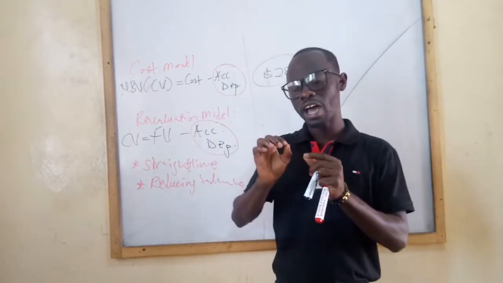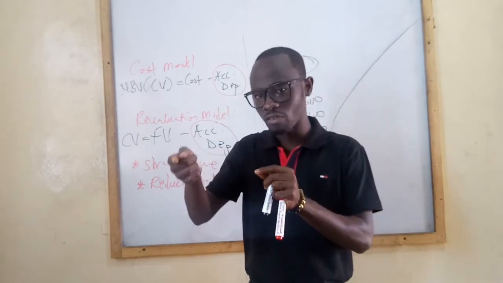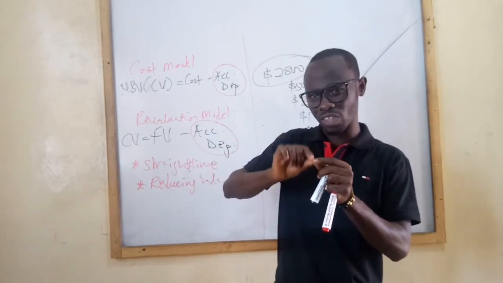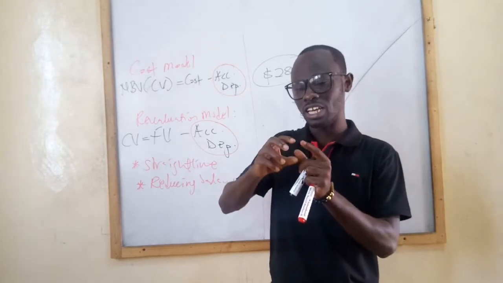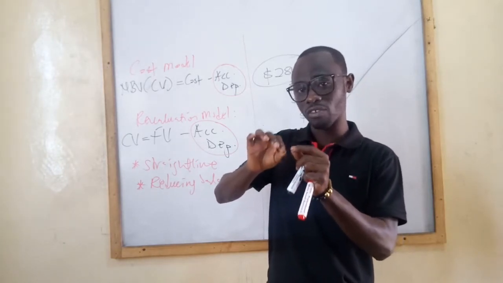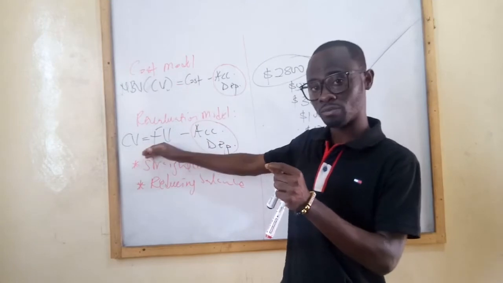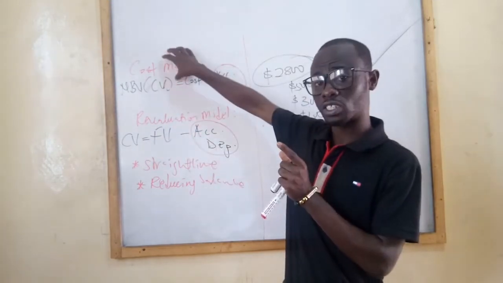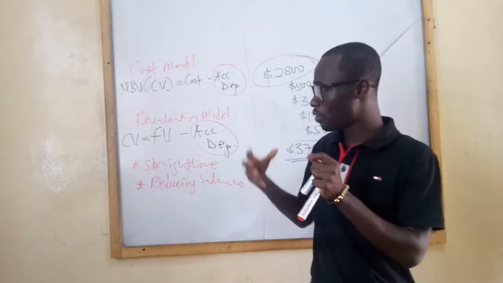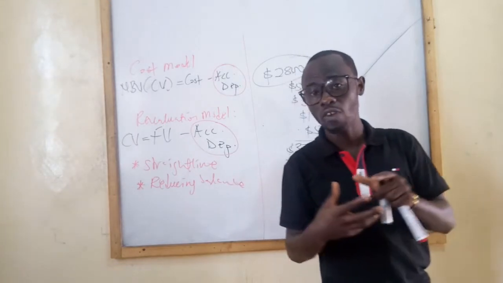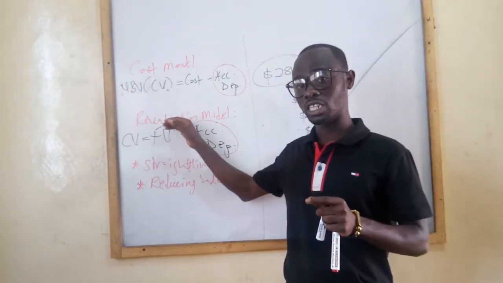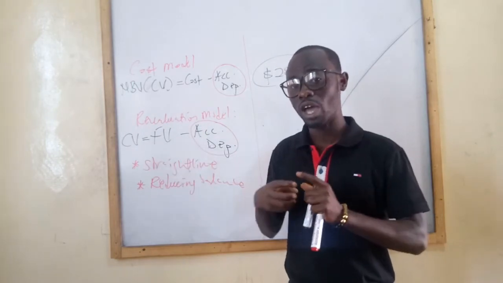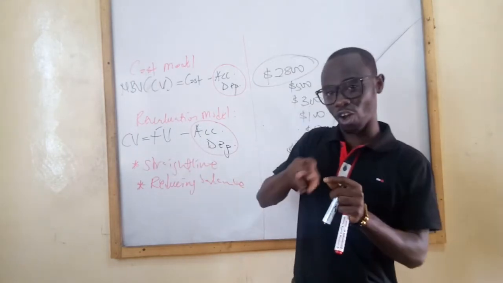The reason why I am saying over the economic life of the asset, or the remaining useful life, is because of the method. For instance, if we are going for the cost method, we are going to be depreciating the asset over the useful life. But if we are going for the revaluation method and we are using Straightline Method, then we are going to be depreciating the asset over the economic life.